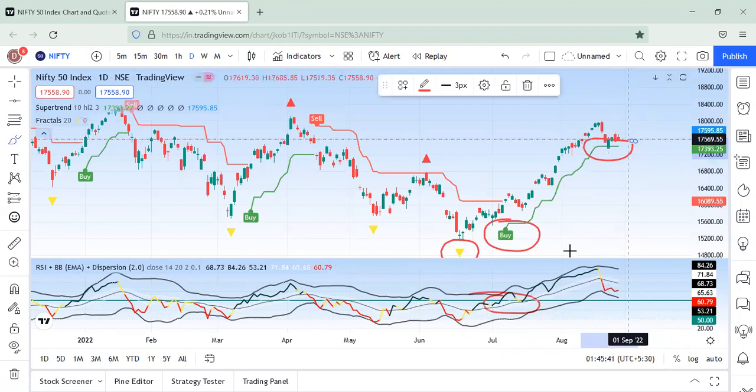So we need to check whether this support line of Supertrend is broken, because the RSI is yet to come down below 50. However, this has made a bearish setup, but confirmation of the bearish setup will come only if this RSI comes down below 50.